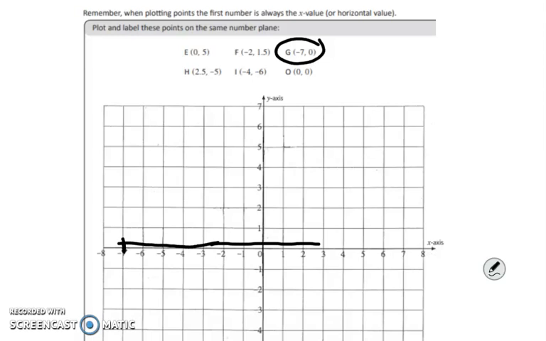And then when we're gauging how far up we go, we know that we're right at the 0. So -7, 0 lands us right here. That's G. Again, whenever there's a 0, it kind of messes with our brain a little bit because we're not moving in any direction, and it makes us feel that maybe we need to go somewhere in each direction. We don't.